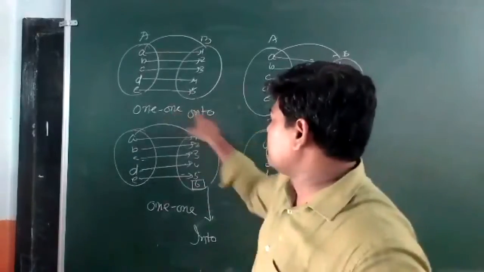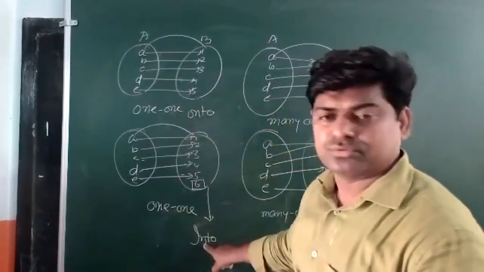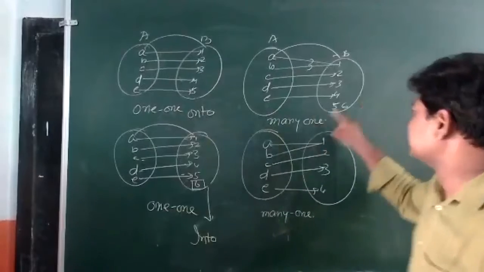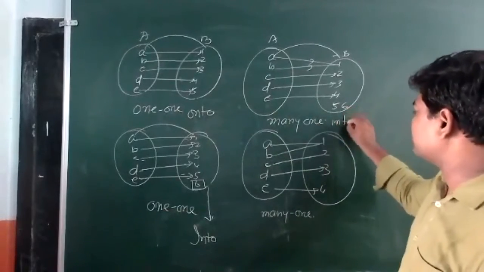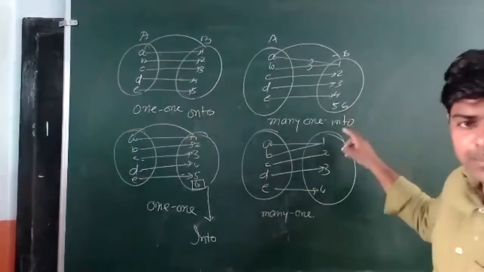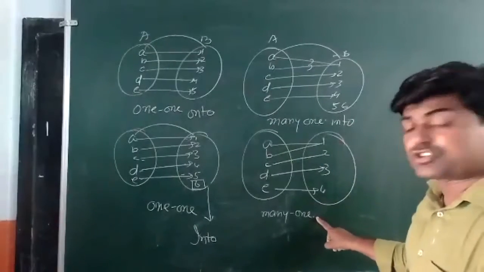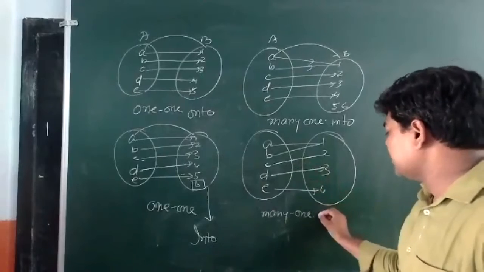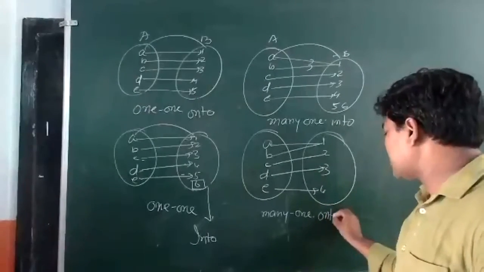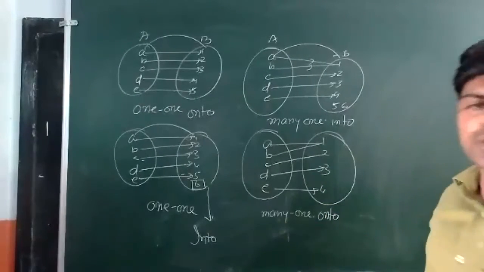So this one is 1, 1 onto, this one is 1, 1 into. Now in the same way, you can see here I am having some free element. It can be called into. So it is many one into, but at the same time there is no element in B which has a free image in A. Therefore it is onto. So it is called many one onto.